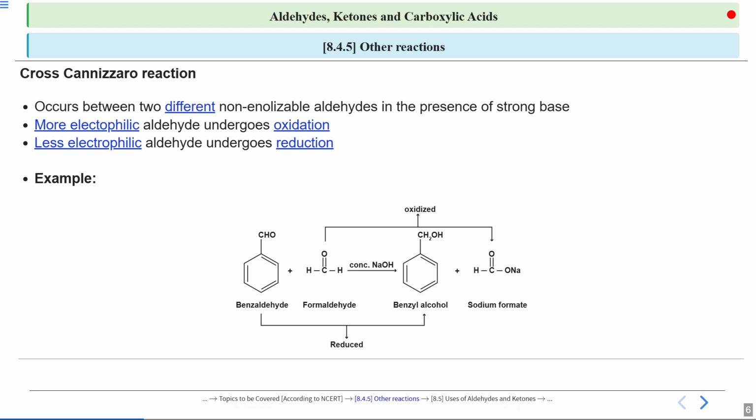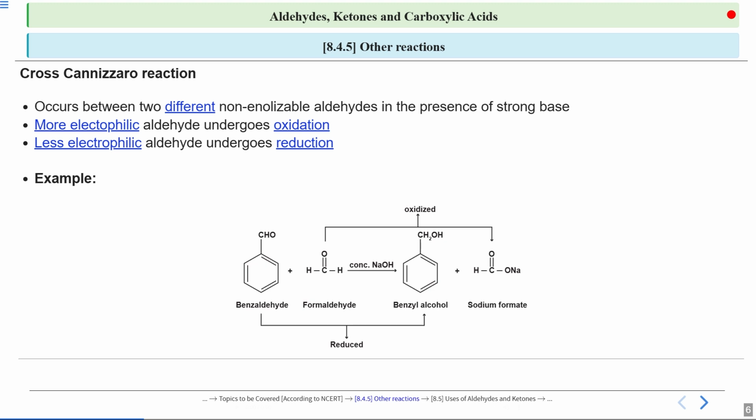Whereas benzaldehyde, which is less electrophilic than formaldehyde, will undergo the reduction process, so benzaldehyde is reduced to benzyl alcohol. So the more electrophilic undergoes oxidation and the less electrophilic undergoes reduction.